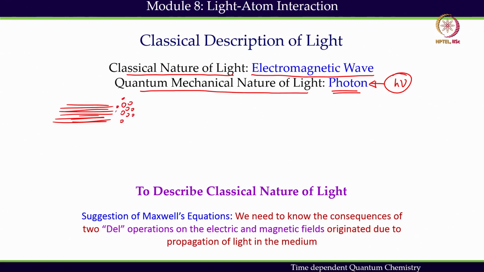What we are saying is that if the photon density is very high, then the light can be treated classically.